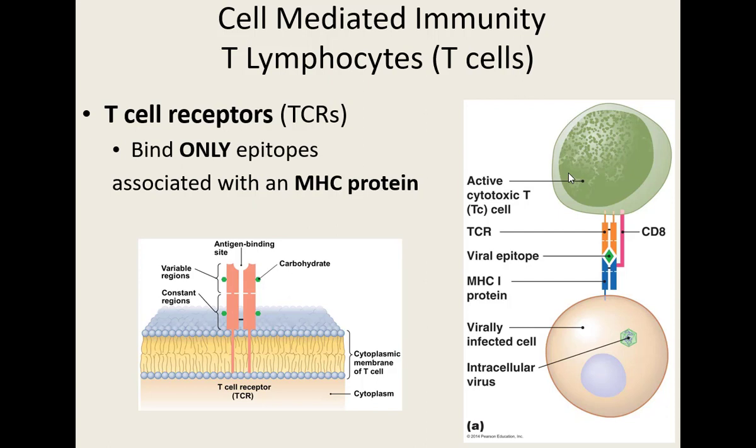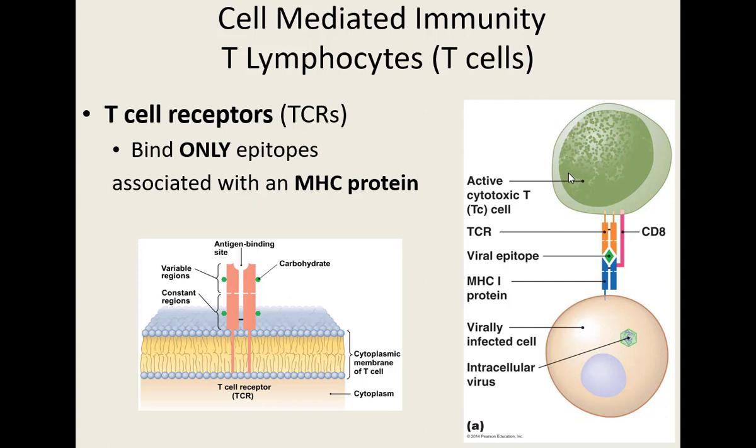Now, it recognizes that this is one of your cells that is infected with a virus because your cell is presenting that virus. When you have an infected cell, some of that foreign object is presented on the outside. So this is a green virus. I'm just color coding.